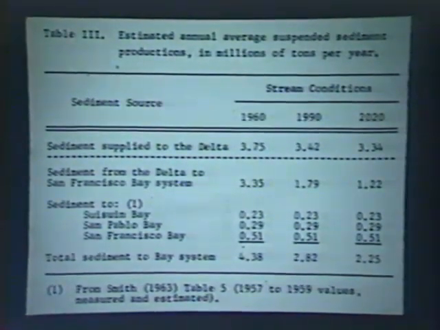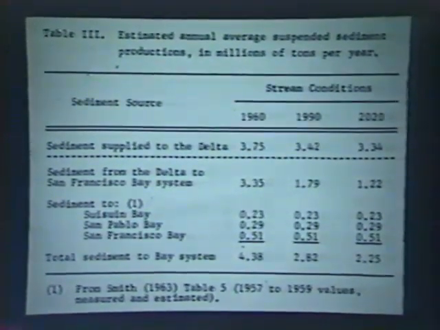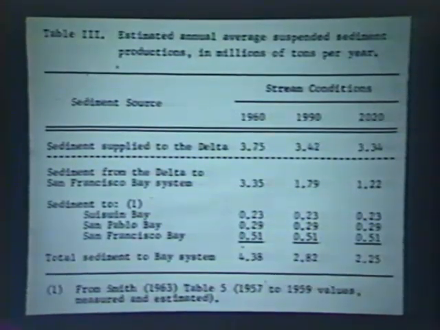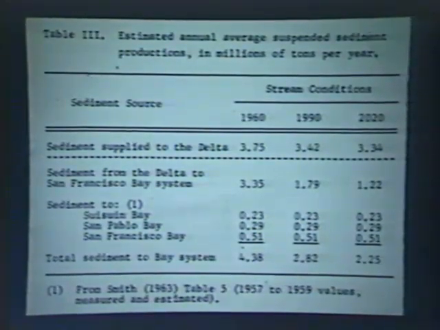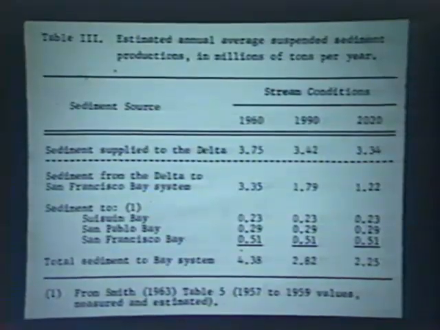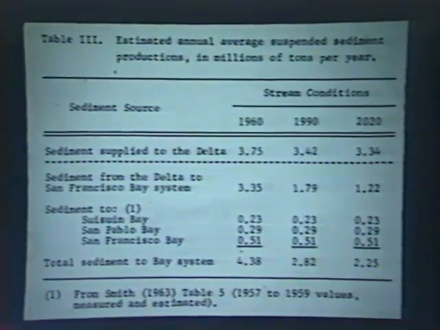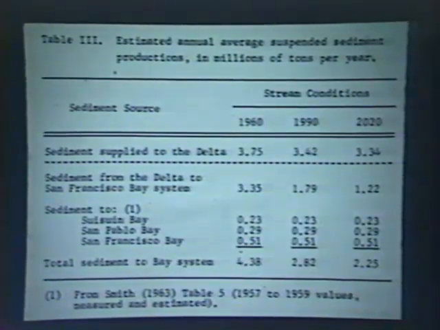Here are some estimates made in the, as I've mentioned before, 4.38 million cubic yards in 1960. Under 1990 conditions, 2.82, so it goes down to about half in 2020. These are average annual sediment production over that period of time.